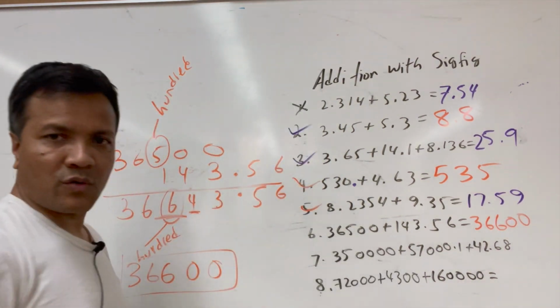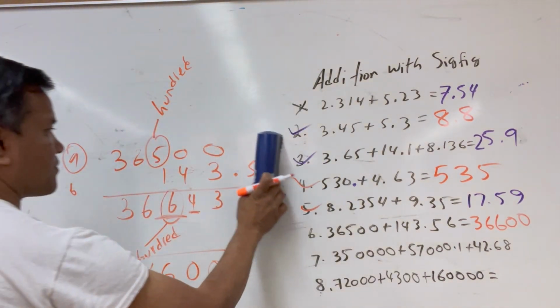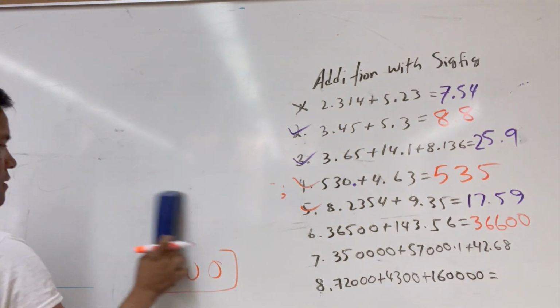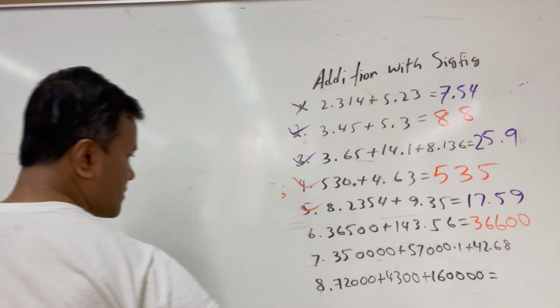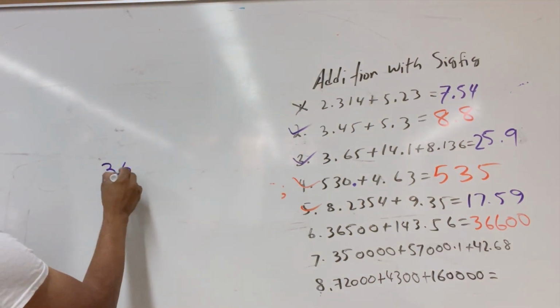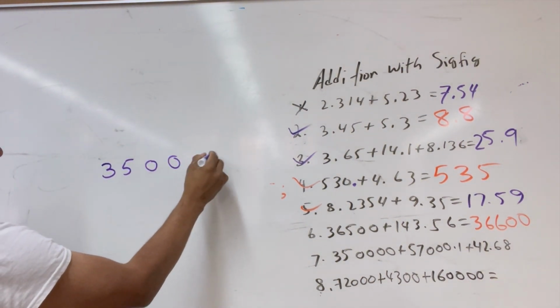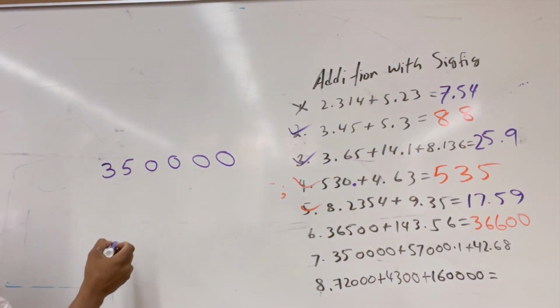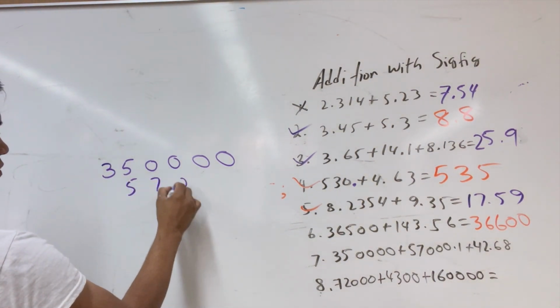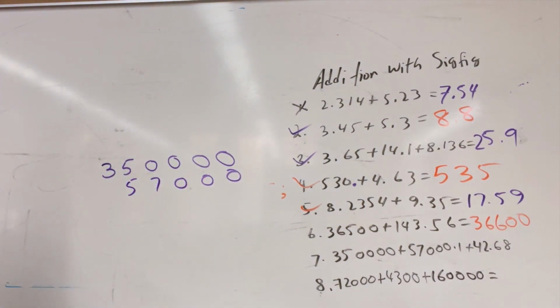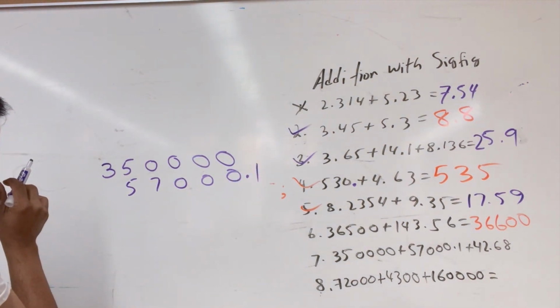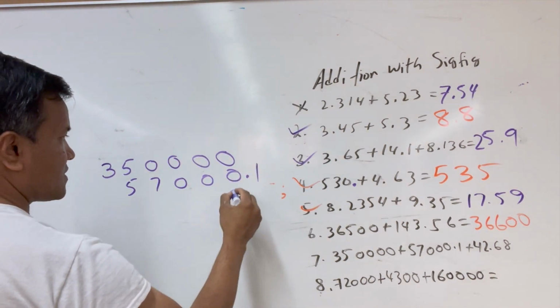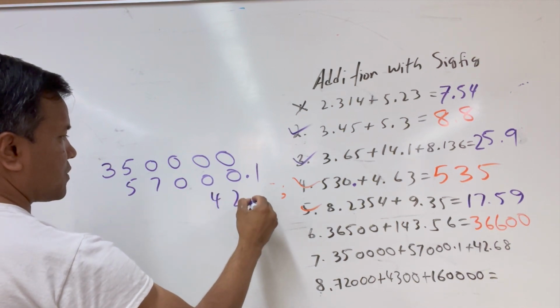All right, now we're going to do number 7. 3 5 1 2 3 4 5 7, 1 2 3, 0.1, 42.68, 42.68.